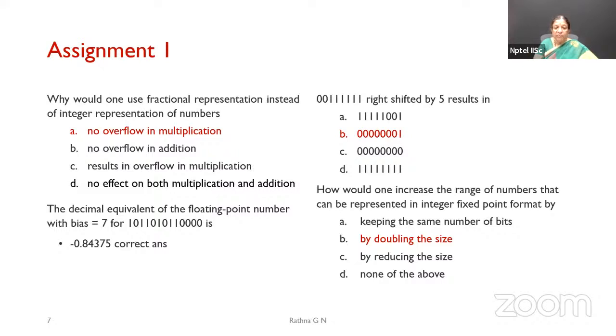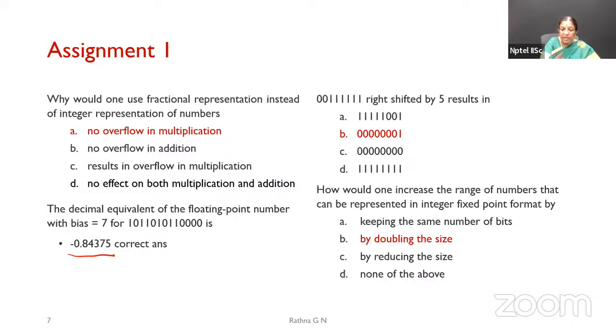The next one is the decimal equivalent of the floating point number with bias 7 for 1011. What is the exact value of it? The correct answer for this was minus 0.84375.